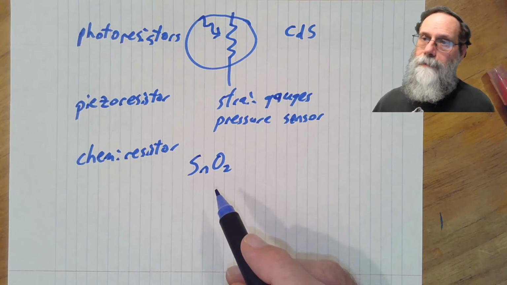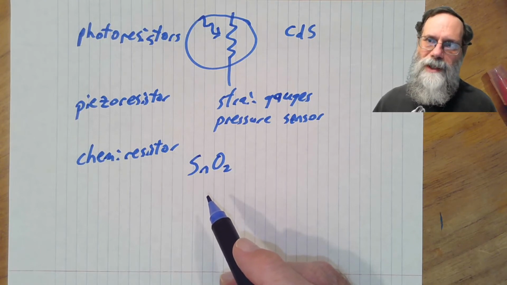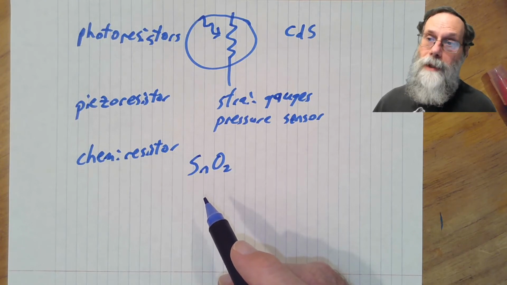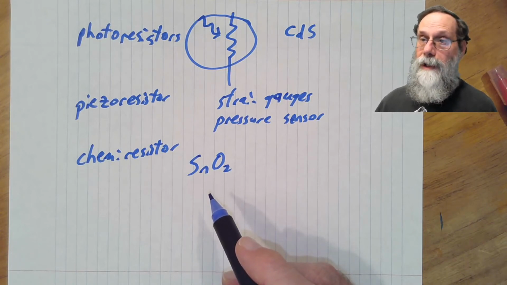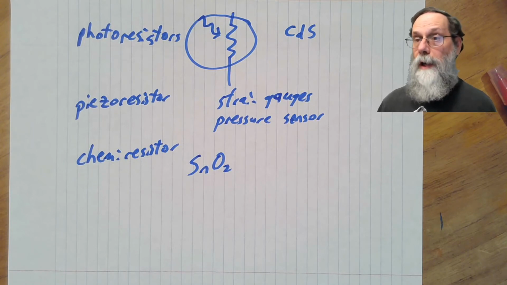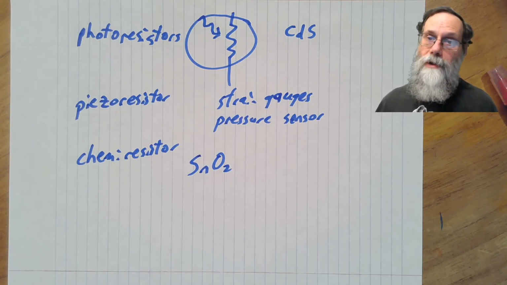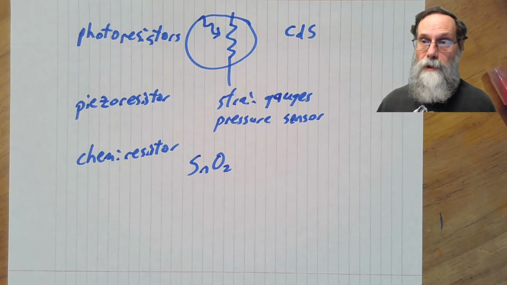This substance is very sensitive to things being adsorbed onto the surface. You generally have a thin layer of the tin oxide. If you're measuring the resistance, it's about how many charge carriers you have. If you change the composition of this material just a little bit, you can change those charge carriers quite a bit, and so change the resistance.